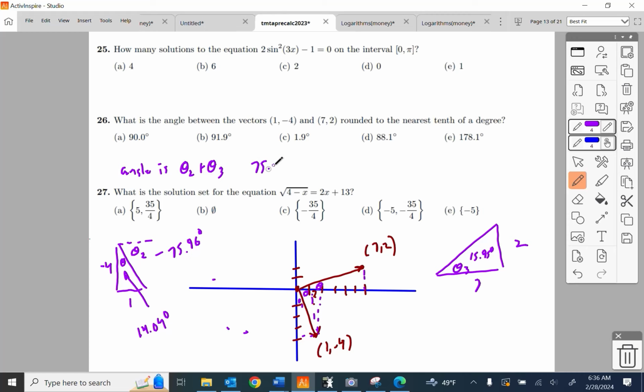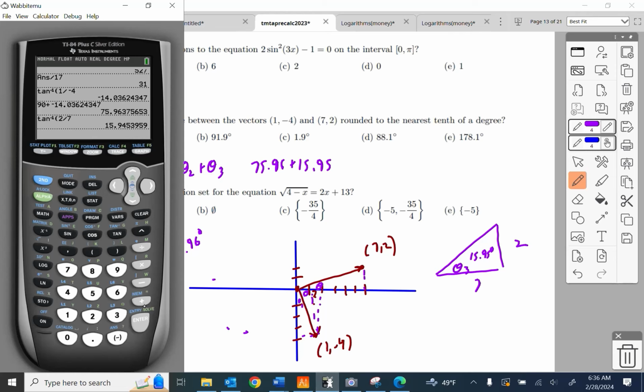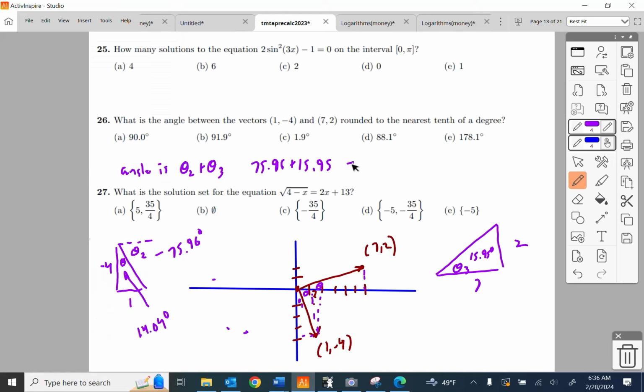I've got 75.96 plus 15.95, which is 91.91. They were hoping you guys would draw it and just pick A and feel confident.